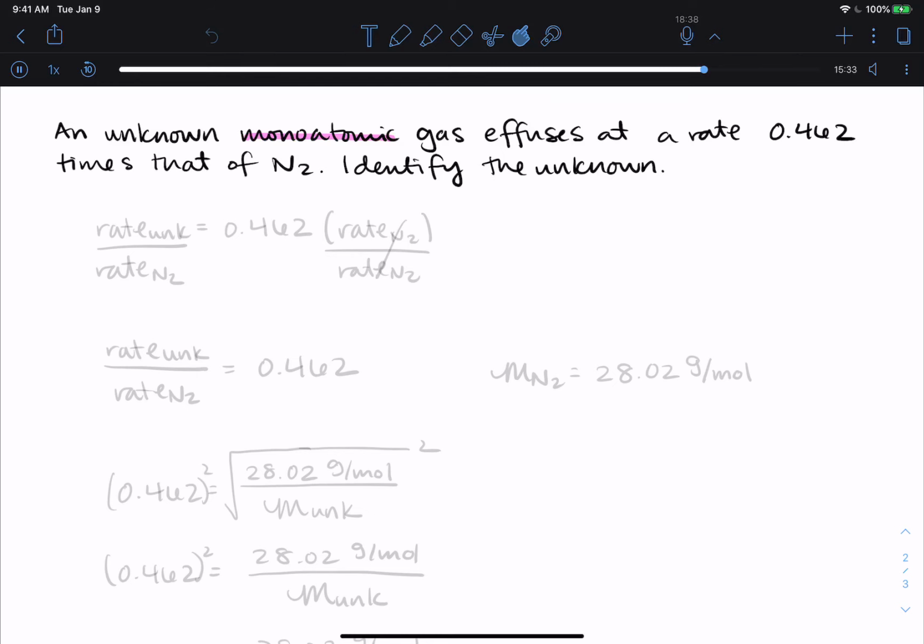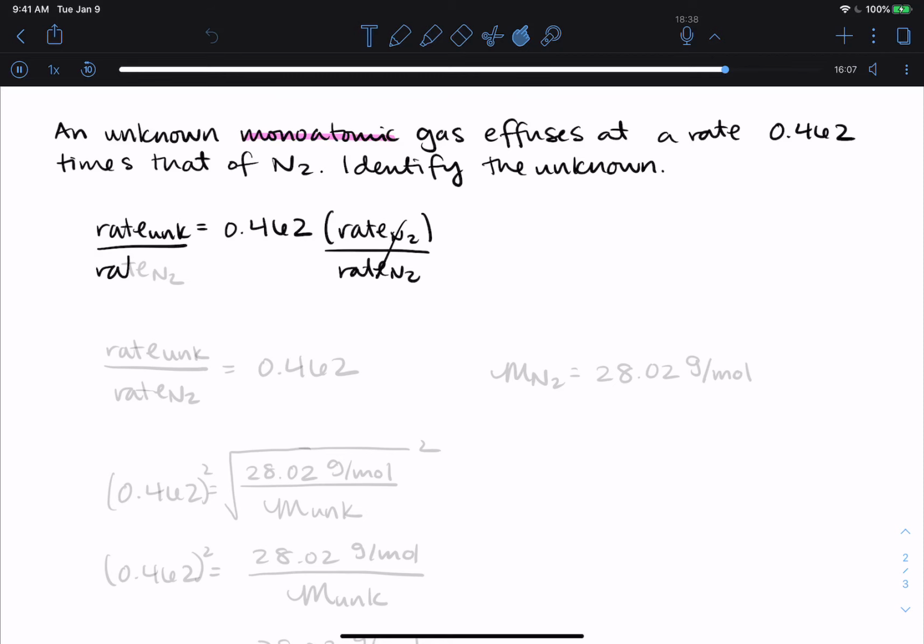All right. So we're not quite directly given rate information in a way that's easy to plug into this equation. What we're told is that the rate of the unknown gas is 0.462 times the rate of N2. So what I can do is divide both sides of this by the rate of N2. And if I do that, well, it will cancel out here, which is great.